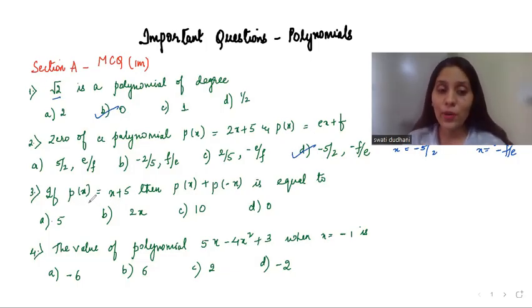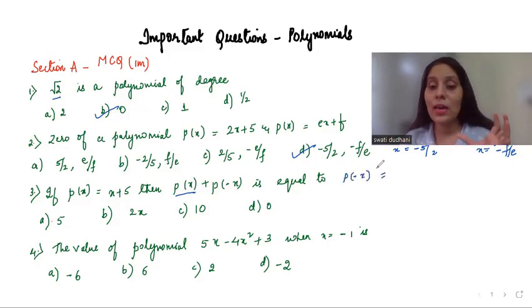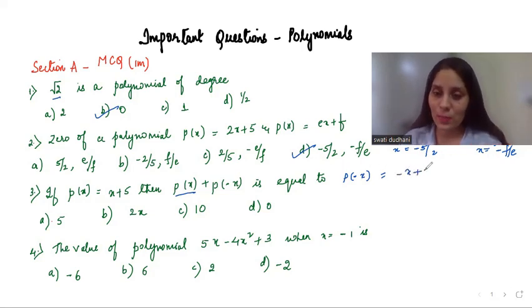Next, if p of x equal to x plus 5, then p of x plus p of minus x is equal to. p of x value is already given to us. Let us find p of minus x, substituting negative x in place of x. So negative x plus 5.